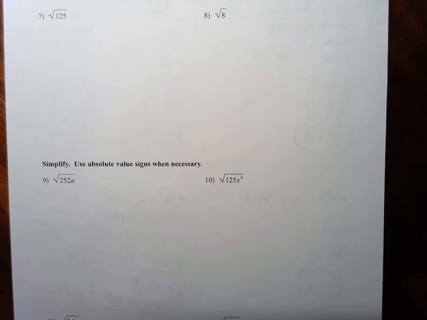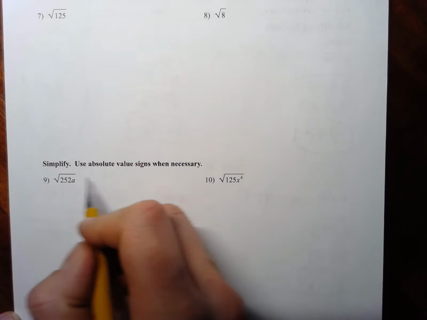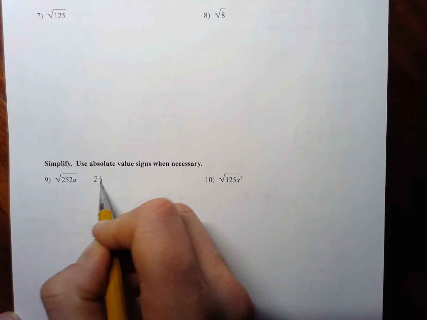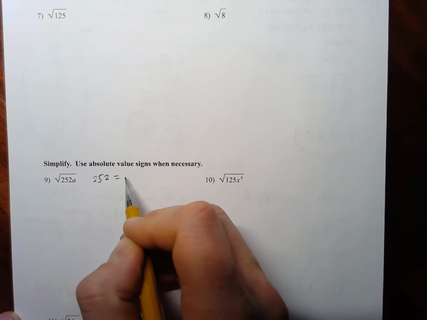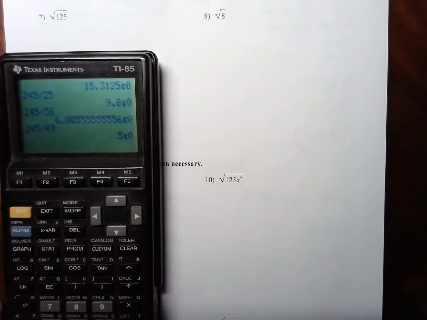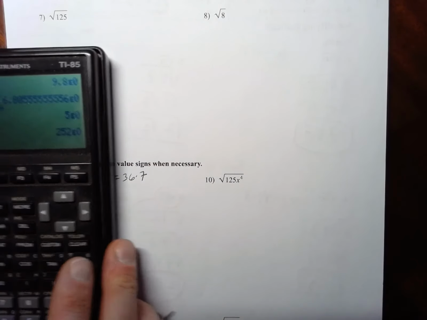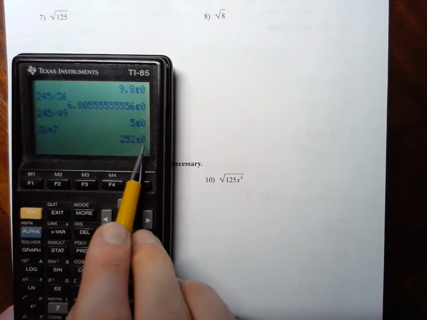Okay, so looking at something like this, I can look in here and I can eventually figure out that 252 is 36 times 7. If you don't believe me, 36 times 7 is 252 right there. See, 36 times 7, 252.